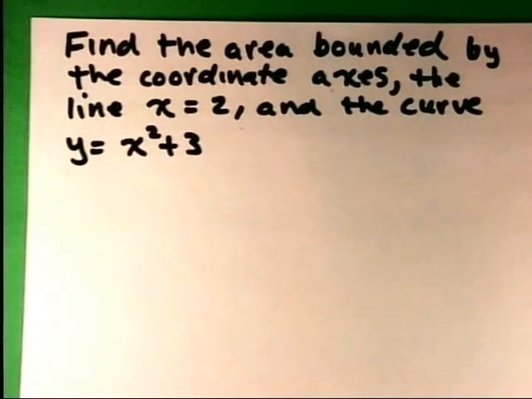Find the area bounded by the coordinate axes, the line x equals 2, and the curve y equals x squared plus 3. That's right! If you want to find the area, what do you have to do, Michael? Take the integral. Integration.